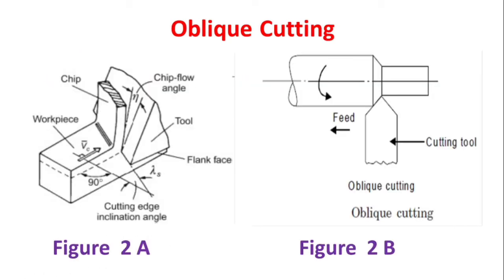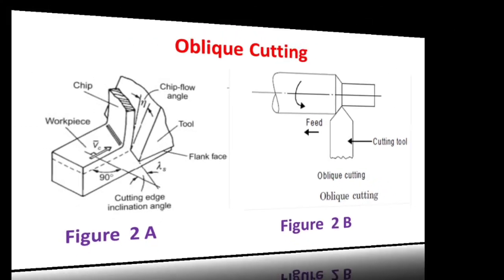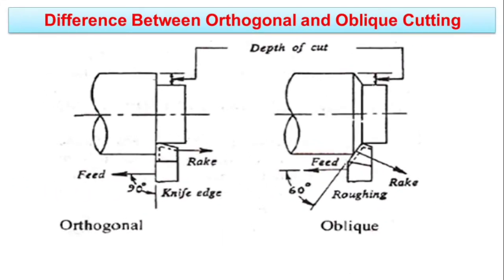In figure 2a and 2b, you can see that the cutting edge is not perpendicular to the workpiece. It is at an angle less than 90 degree. In this next figure, on the right side in oblique cutting, you can see that the angle between the tool edge and the direction of tool travel is less than 90 degree.